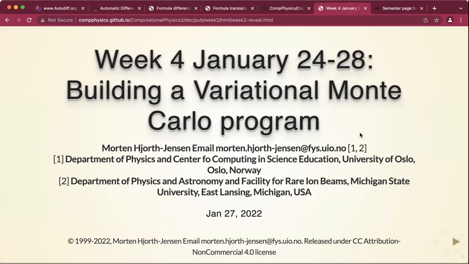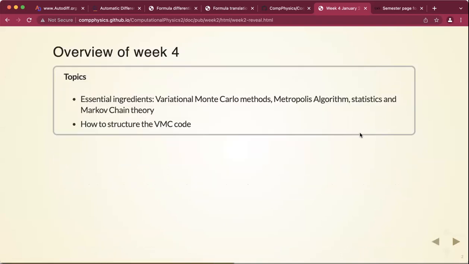So the topic this week, after the introductory overview which we went through last week, is to start building up the essential ingredients of a Variational Monte Carlo calculation of the energy in particular, but also other observables using stochastic methods. So this includes Markov chain Monte Carlo as the basic mathematical algorithm, and it involves stochastic variables, random numbers.